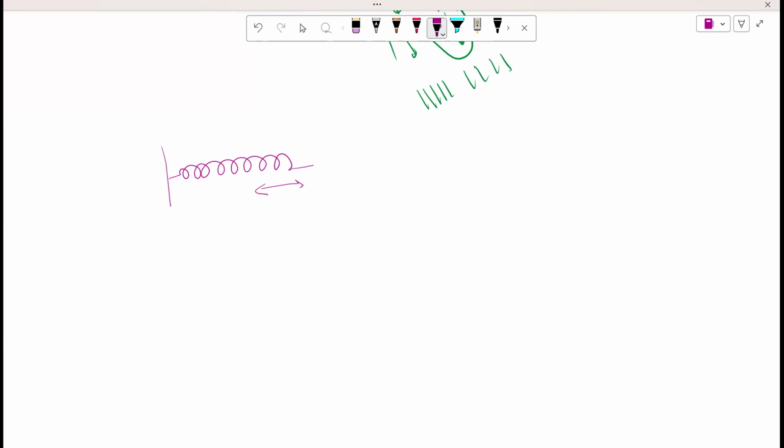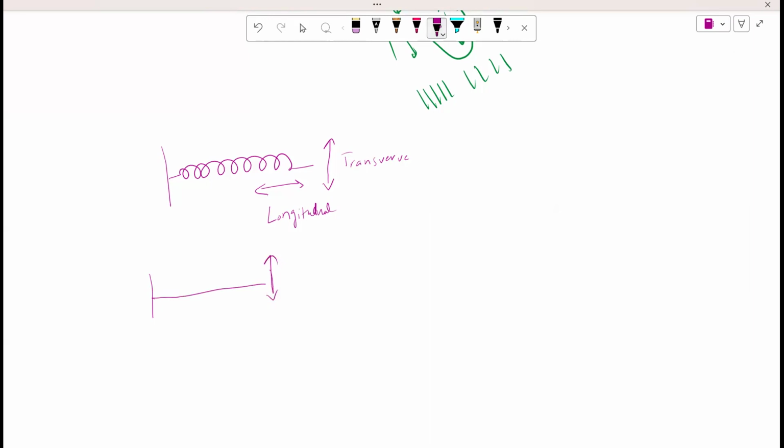Now, as I move the spring back and forth, we will have this kind of wave, known as a longitudinal wave. But if I move the spring up and down like this, that would be known as transverse. ठीक हो गया? Or take a rope, attach it to one end, and now move the rope up and down like this.